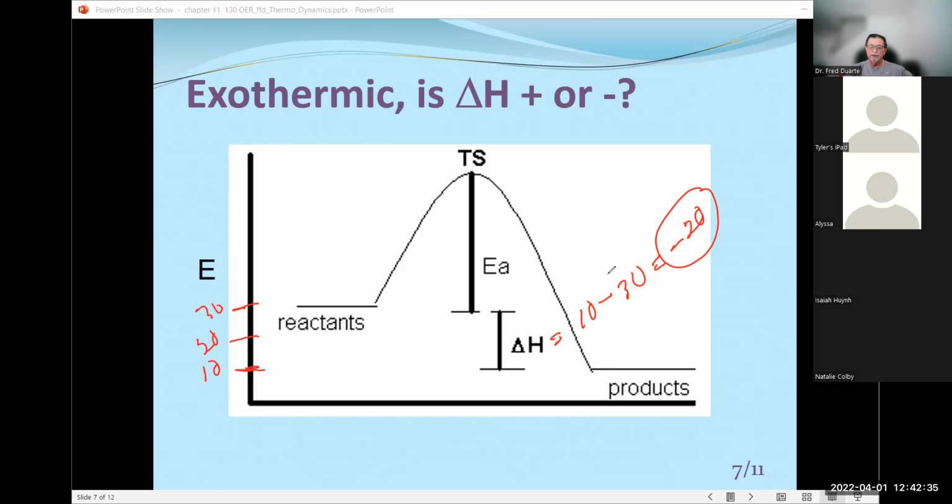And so that tells you that you have a negative value, which, again, tells you it's exothermic. Okay, so you can do it mathematically, or you can do it visually and recognize that the product's energy level is at a lower energy value than the reactants were when they began. And so when you subtract that, you're always going to end up with a negative number.